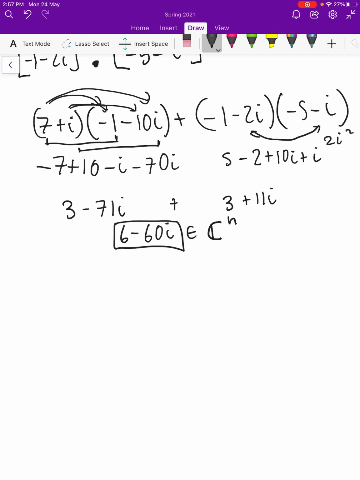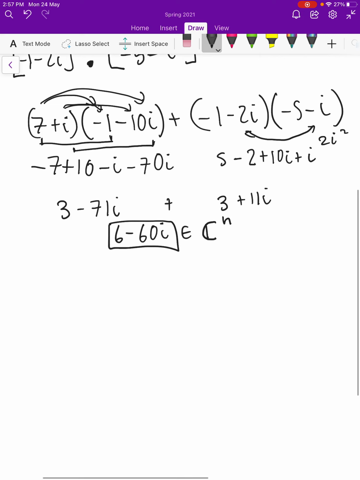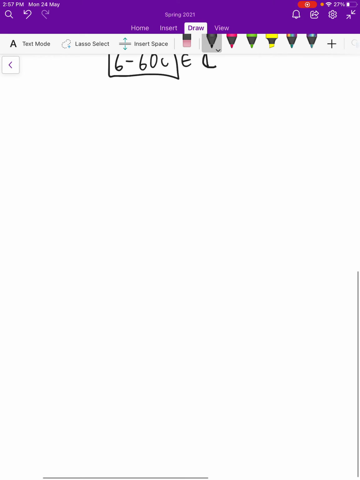Okay, let me find the next question that we're going to attempt. This next question is just going to be simple: finding a unit vector in the direction of a given vector. Now, the given vector is v, which is going to be equal to a complex vector, of course.